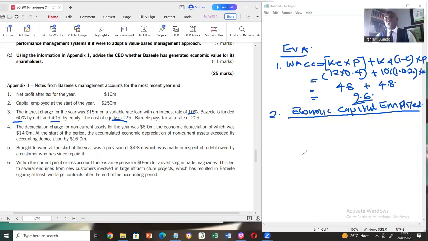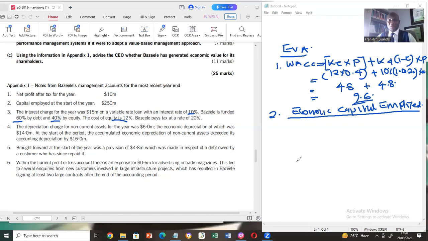Economic capital employed starts with the accounting capital employed at the beginning of the year, and it is adjusted with the non-cash items. Now, the accounting capital employed is equal to net assets, and the accounting depreciation is deducted. But for economic purposes, we need to deduct the economic depreciation.